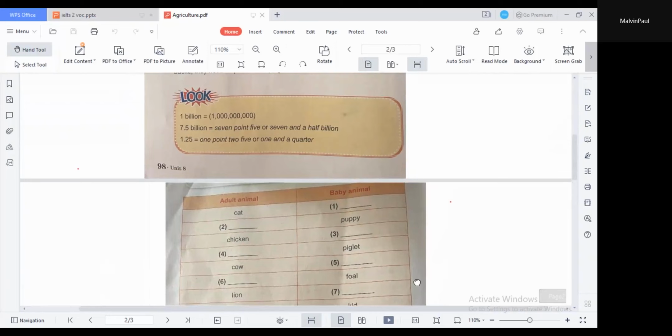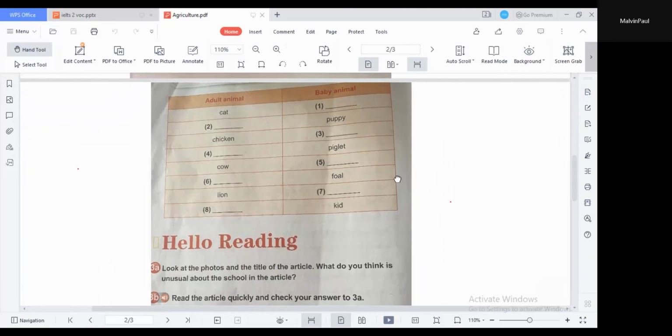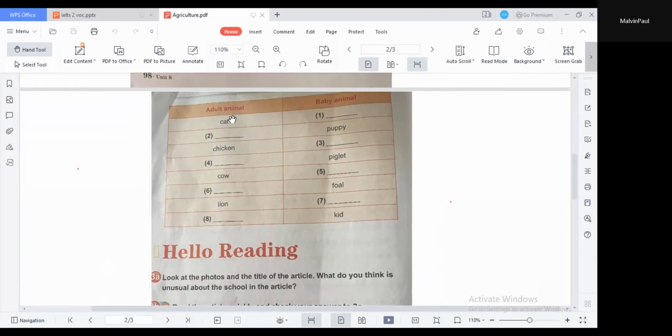All right, so we have an adult animal and a baby animal. What are we supposed to say? The first part, number one: cat, kitten. Good. Dog, puppy. Chicken, chick.